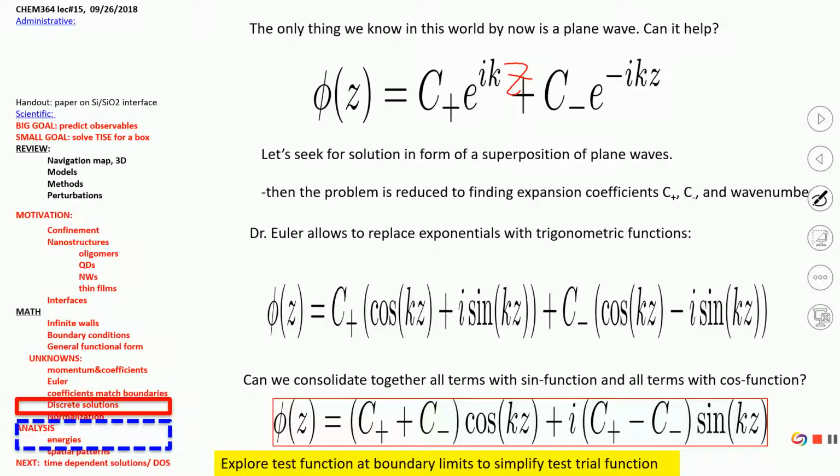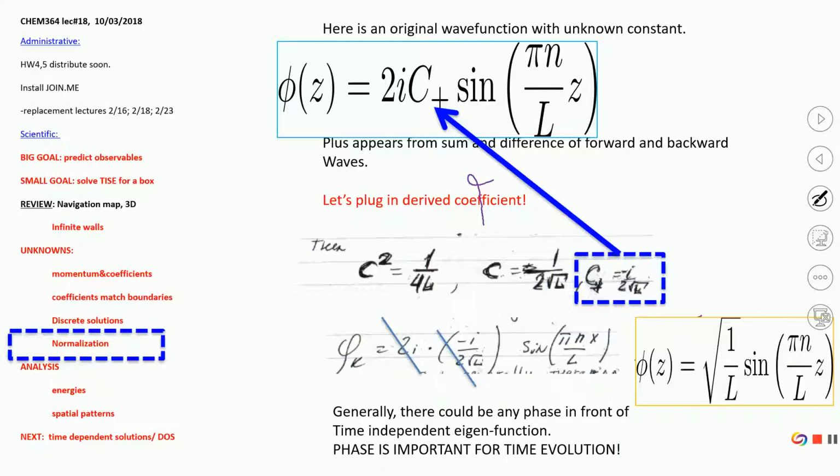Through Euler's equation, we are looking at the solution in the form of sine and cosine with some coefficients. If we do all the math carefully based on your homework, one can find that the solution has this form: a discrete index in front of the independent variable and normalization constant 1 over square root of the length.